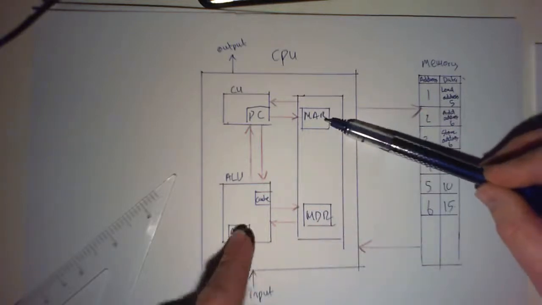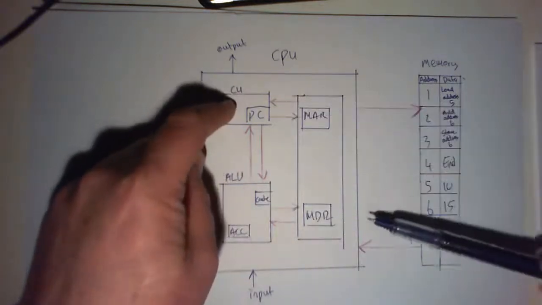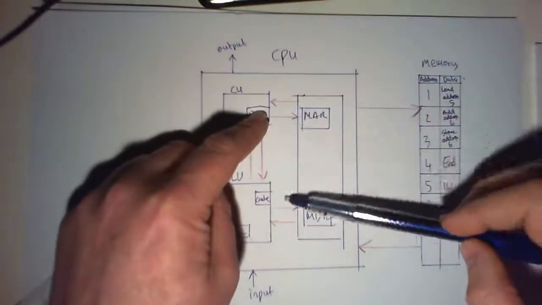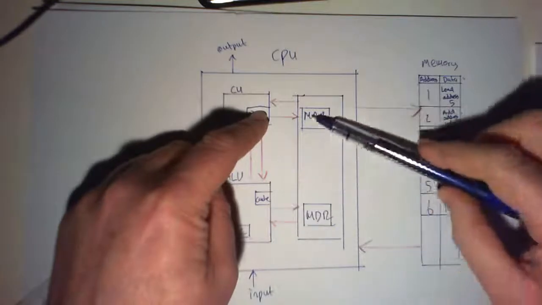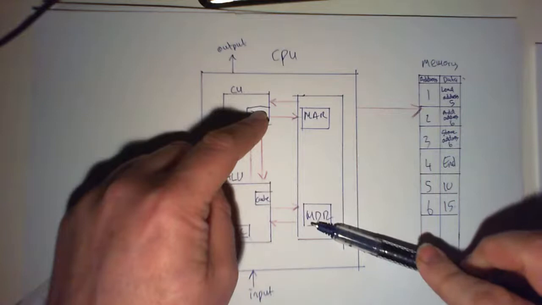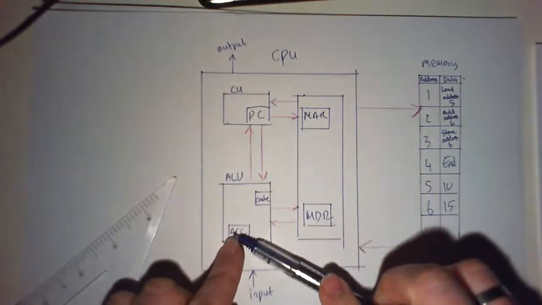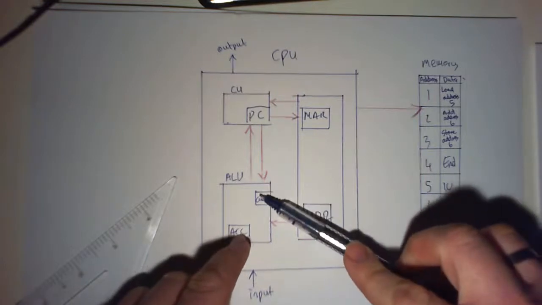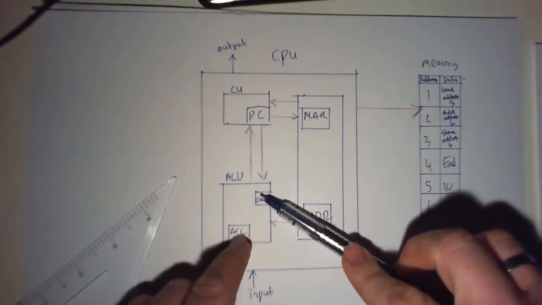Remember, we're still on the first cycle. Even though the counter has moved to 2, the control unit is still dealing with the first cycle. So it goes to address 5, takes the 10, brings it into the memory data register, and pops 10 in here and keeps a copy. So now we have 10 in here with a copy, and we've finished the full first cycle.